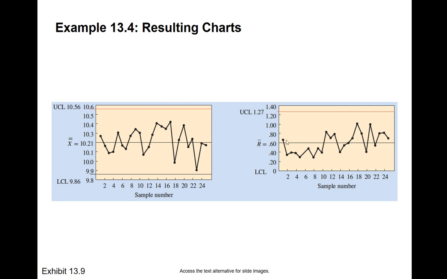And in general, in sum, for all the attribute control charts or variable control charts, we need to use the formulas to find the numbers for the upper limit, the lower limit, and the average.